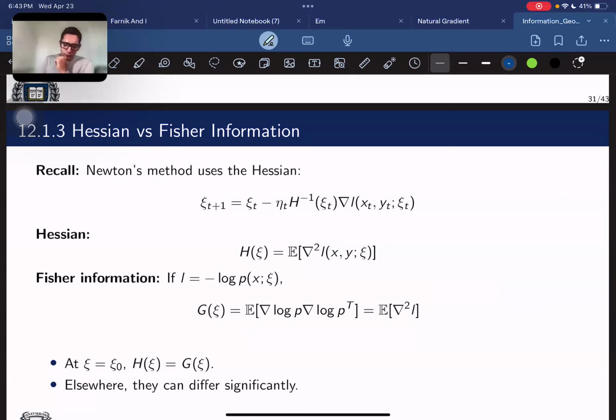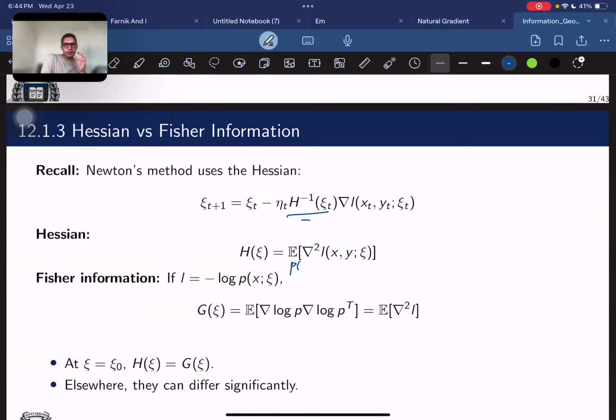I forgot to put it here. So here, when you take the Hessian of your loss function and then use that Hessian to inversely impact your step, which is again some notion of curvature.